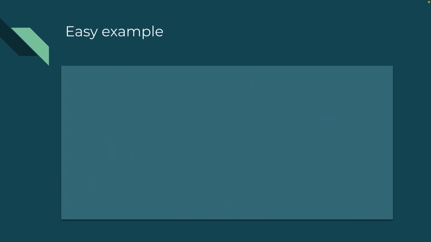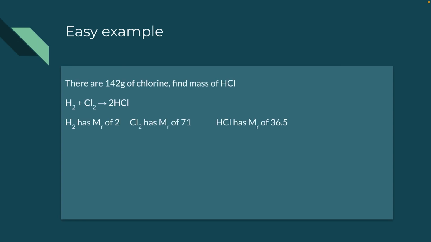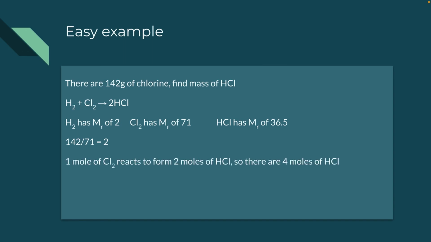So here is an easy example. There are 142 grams of chlorine. Find the mass of the hydrochloric acid. And there's the formula. There are the molecular masses, so I'll give you a second to work it out. Okay, so 142 over 71 is 2, which would be the amount of moles of chlorine that you have.